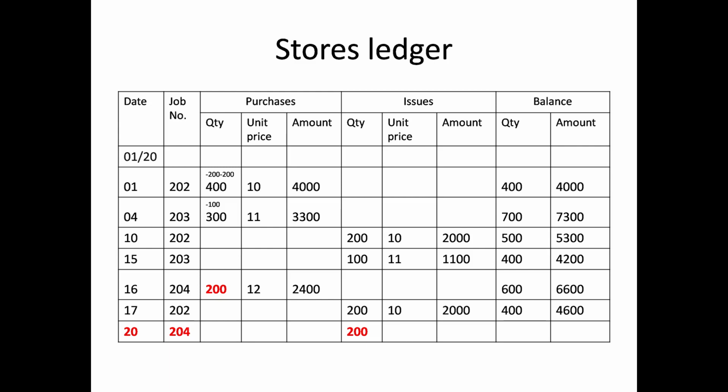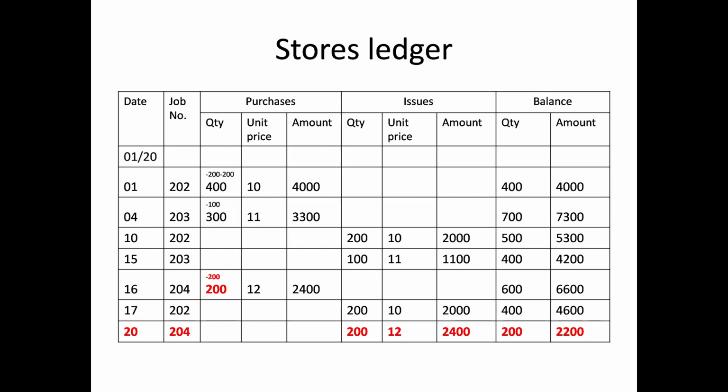Now in small letters, write there minus 200. What's the unit price? It's 12. Then calculate the amount. 200 into 12, it's 2400. What's the quantity now? 400 minus 200, it's 200.